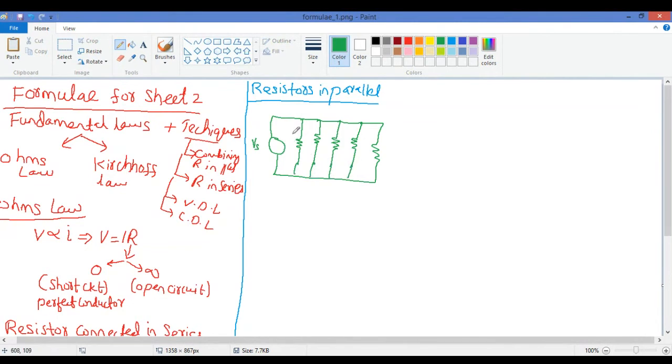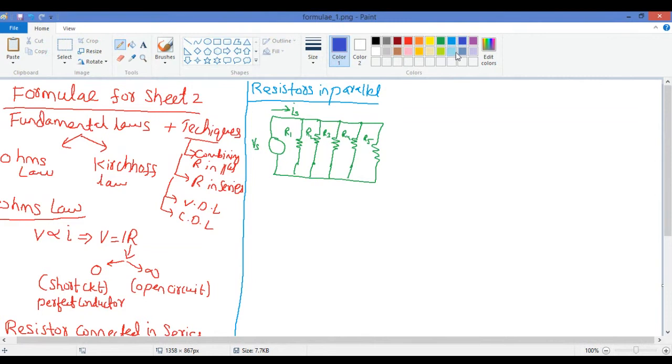The current that is flowing is I. Suppose I is here also. We have resistances R1, R2, R3, R4, R5.